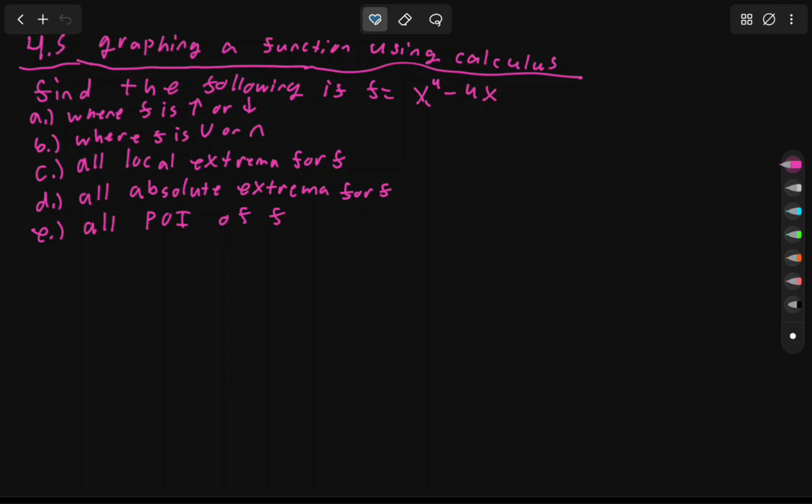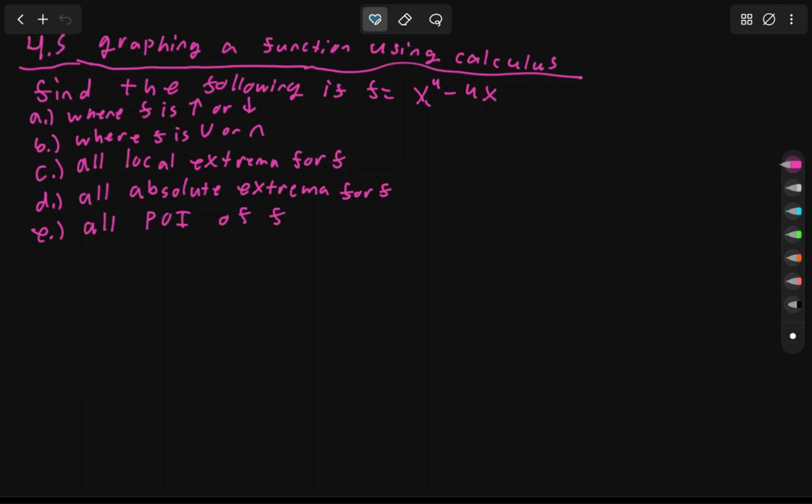Now, the cool thing about calculus is it gives us more tools for graphing. For example, it may be difficult for us to find the maximum of a cubic, or rather a quintic, or a minimum of a fifth degree polynomial, as well as things like exponentials.